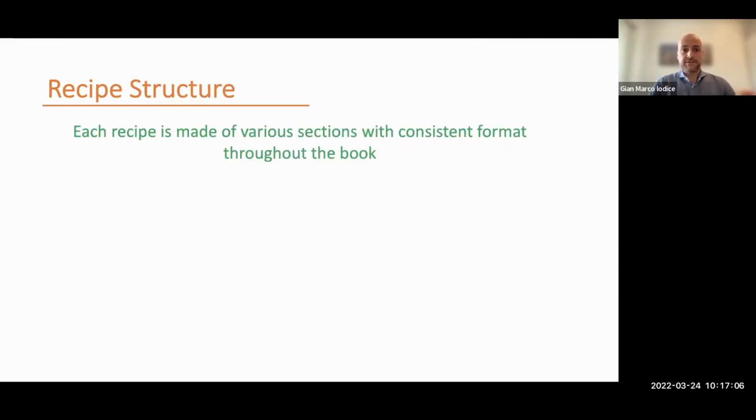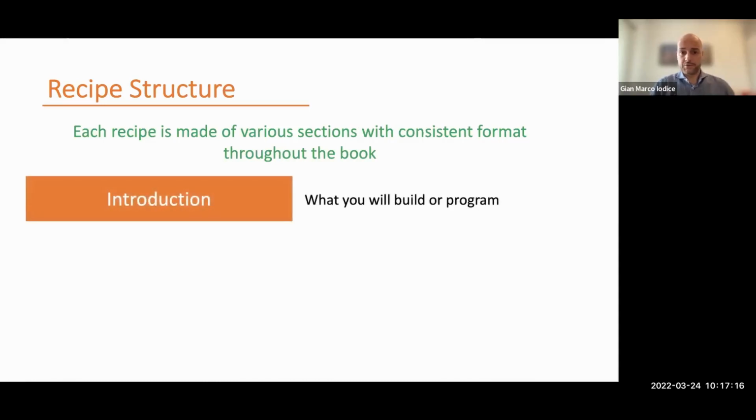So concerning the recipe structure, the book uses a consistent format for the recipes, and each recipe starts with an introduction to the problem. In particular, the introduction explains what you will build or program in that specific recipe.